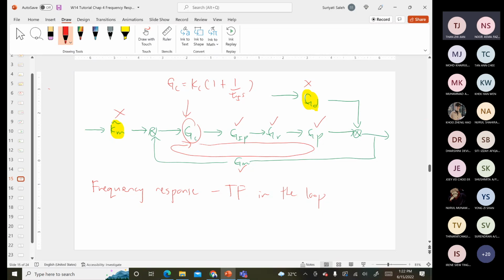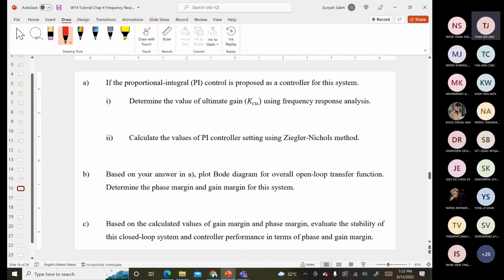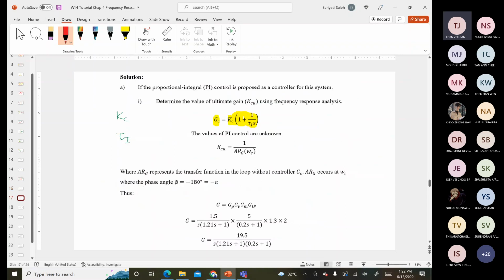So that means we need to find the parameter first. So since you don't have the Kc and tau I, you cannot assume the value Kc equal to 1, tau I equal to 1. That one is clearly wrong. So here the question asks you to calculate the controller parameter. So in order to calculate it, we know that the G inside the loop should be like this. GP, GV, GM, GC, GIP.